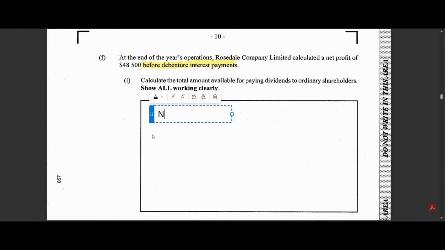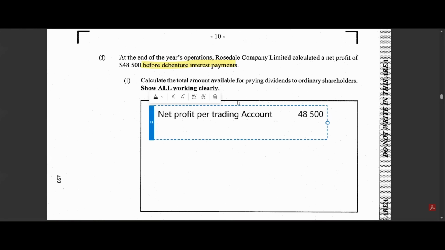Now we're going to start up with net profit per trading account. Because it did mention to us they had a profit of $48,000. Now remember, they said this was a profit before debenture interest payments, so you will have to subtract debenture interest payments.